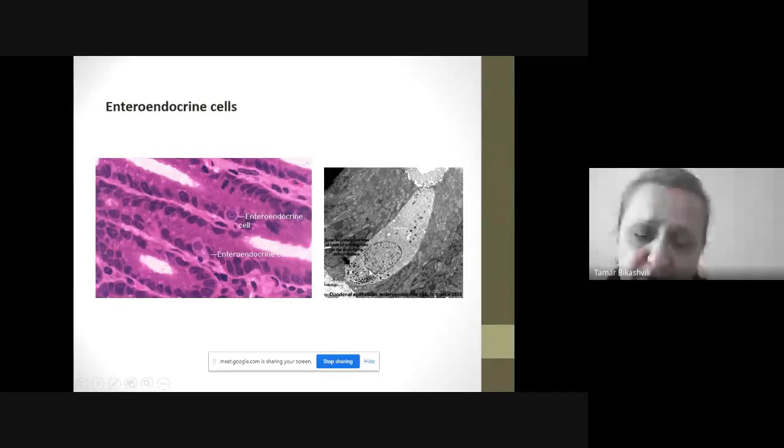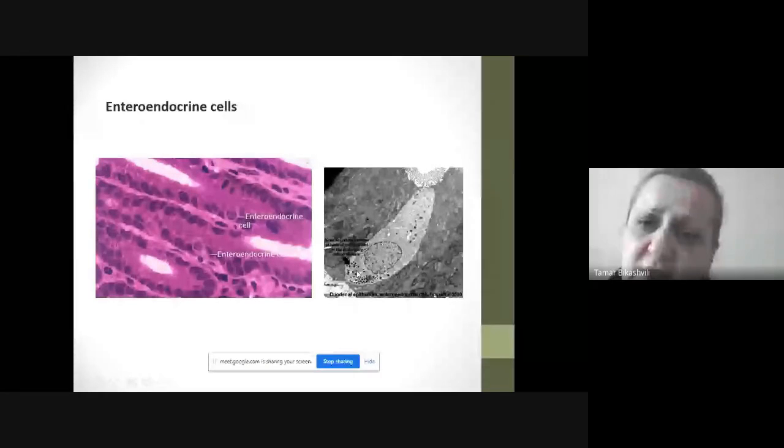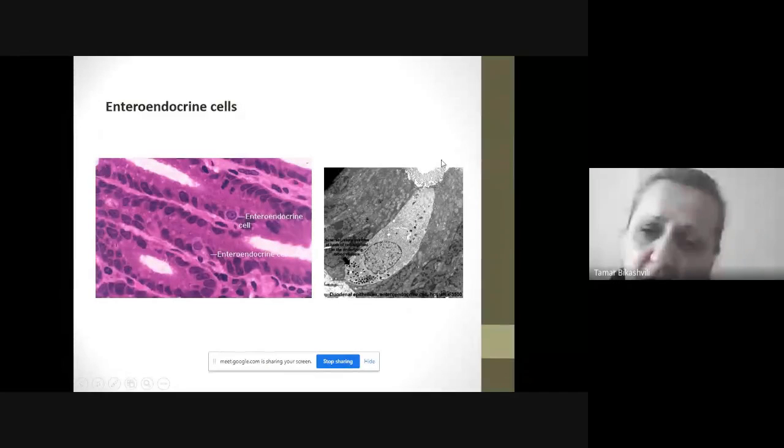The endocrine cell, because the granules are located opposite of the apical part, the basal part of the cell, the nucleus. Here you can see the secretory vesicles, but this is the apical part. This is the lumen. On the apical part, they have chemoreceptors like the taste buds.